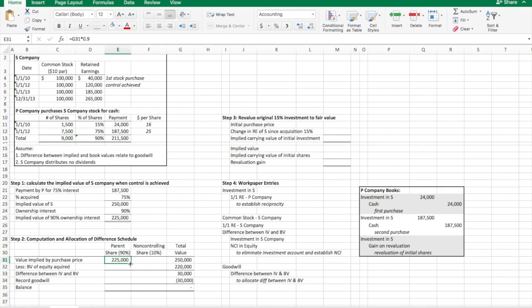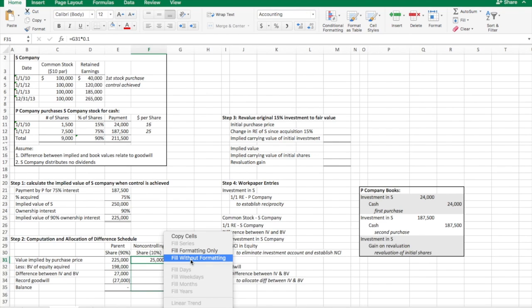And if we don't want to change the formatting that we've already set up, we can right click and drag down and then select fill without formatting, and that way our formatting won't be changed when we copy the formula down. And we can do the same thing for the non-controlling share, but multiplying by 10%. And again, we can copy the formula down without changing formatting by right clicking, dragging down, and then selecting fill without formatting.